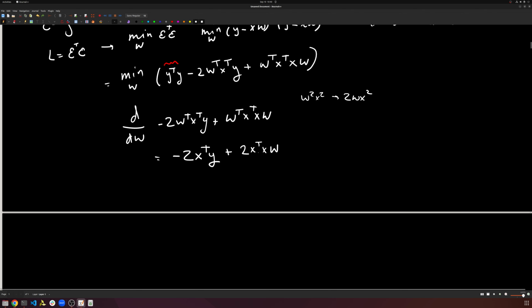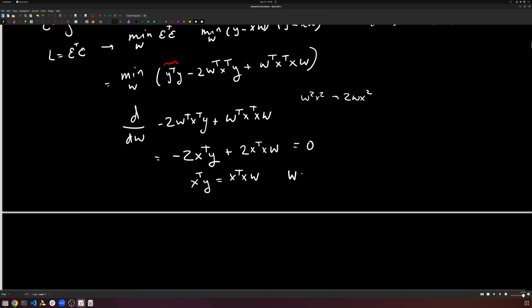So there we go, and we can just set this equal to 0. Then we rearrange: x transpose y, the 2's cancel because they're constants, equals x transpose x w.